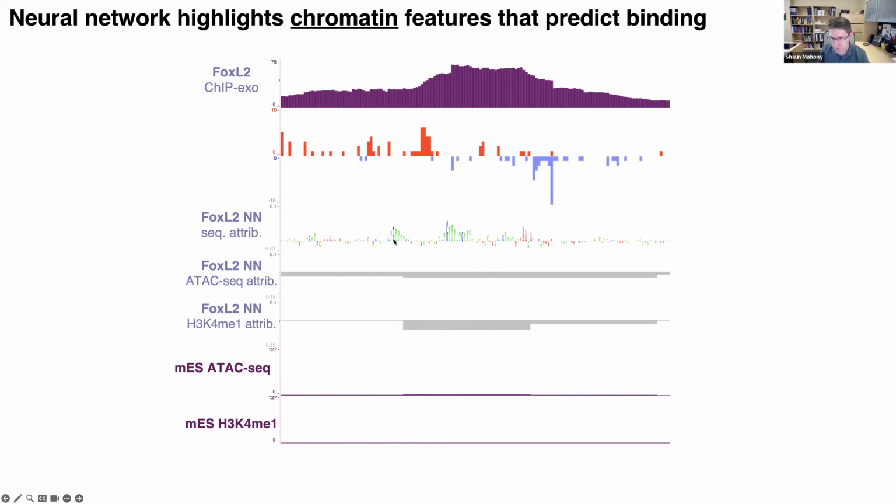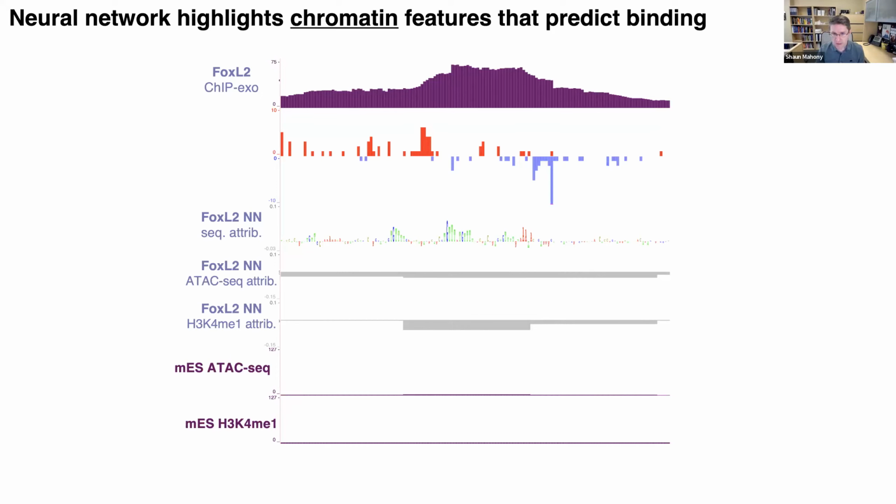You can see there are several instances of this TG-TTT motif within this site that are positively contributing to the binding prediction. The lack of ATAC-seq and K4 monomethyl in mouse embryonic stem cells is not a major issue for the neural network for FOXL2, and it's not negatively contributing too much to this prediction.